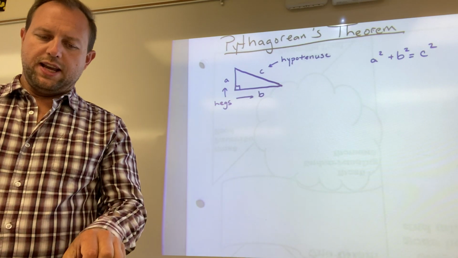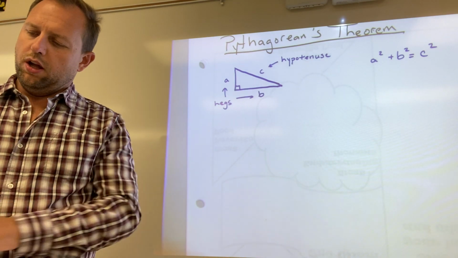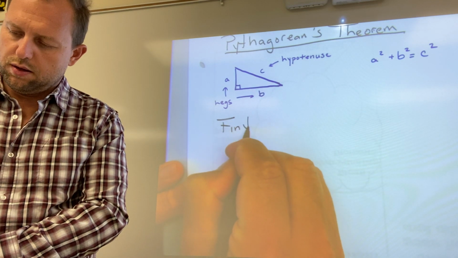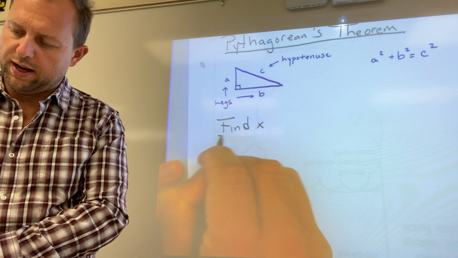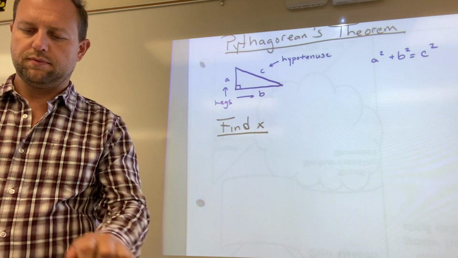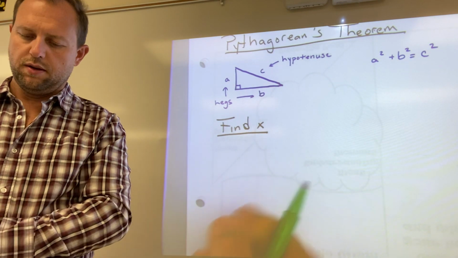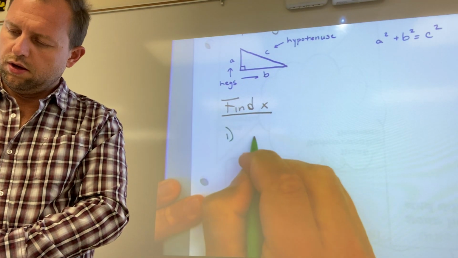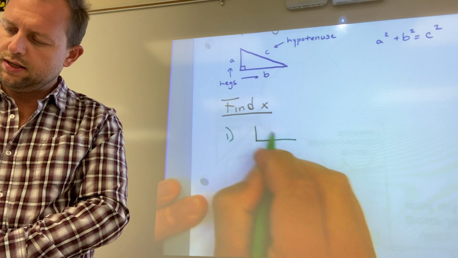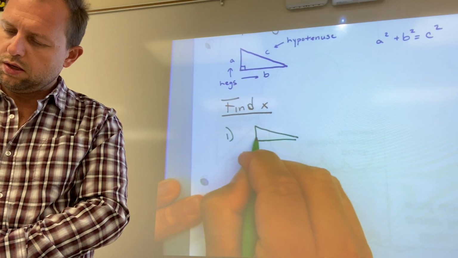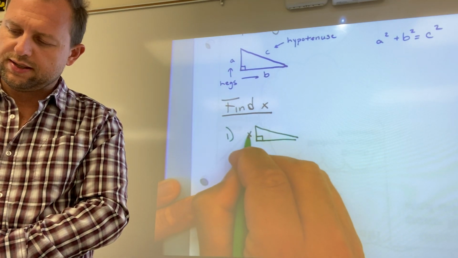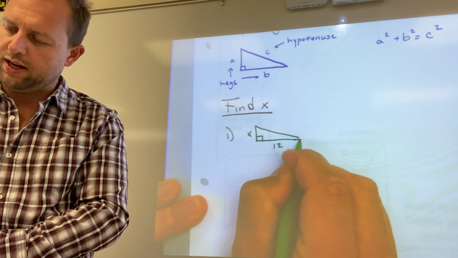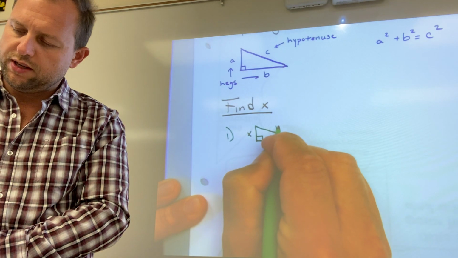So if we look at a few examples around our triangle, find x. For our first triangle, we'll have legs of x being the small side, 12 being the larger side, and a hypotenuse of 13.